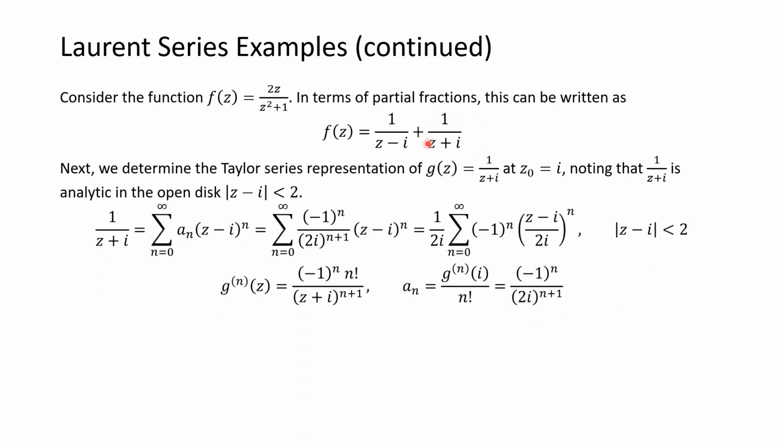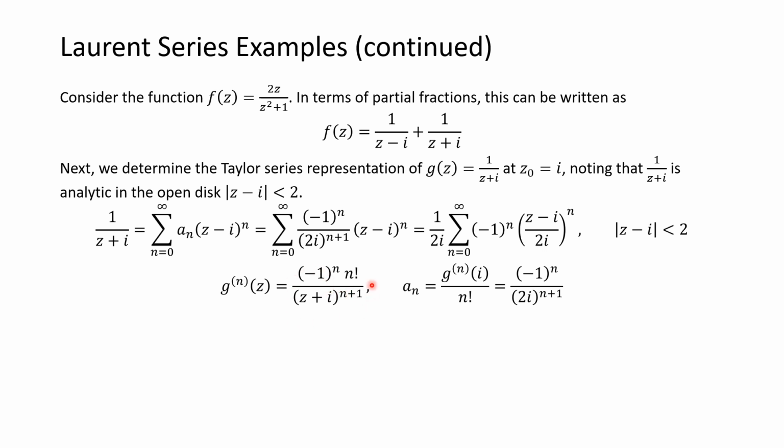So let me jump ahead a little bit and do the computation for the derivatives we need of g of z, which I've done here. The nth derivative of this function is pretty easy to get. You just keep getting an alternating minus sign here, and you're generating an n factorial, and then the power in the bottom keeps getting bigger.